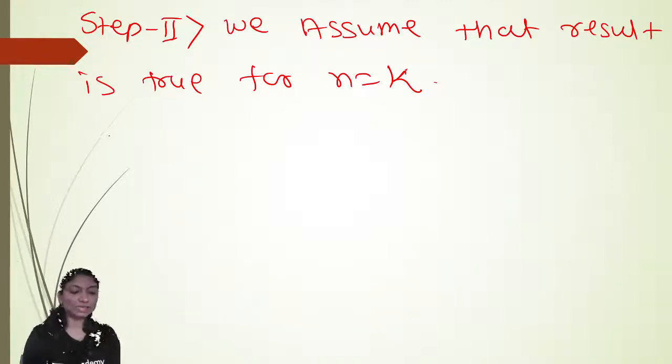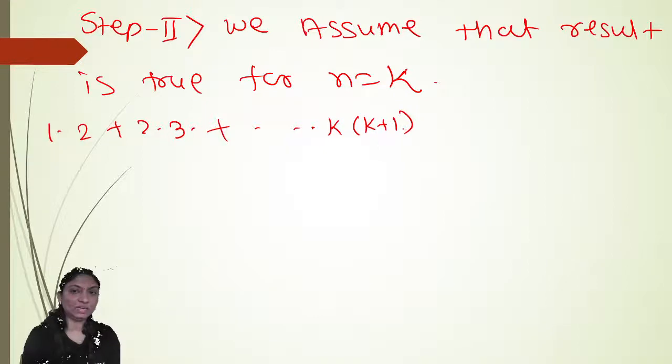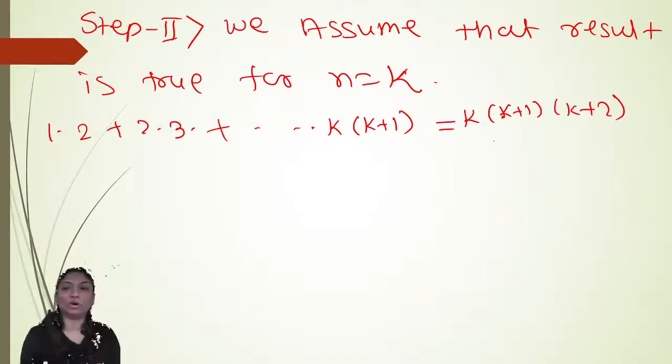Now, as the result is true for n is equal to k, we will see that 1 into 2 plus 2 into 3 plus and so on, n into n plus 1. It means we can write k into k plus 1 instead of n, is equal to k into k plus 1 into k plus 2 upon 3.